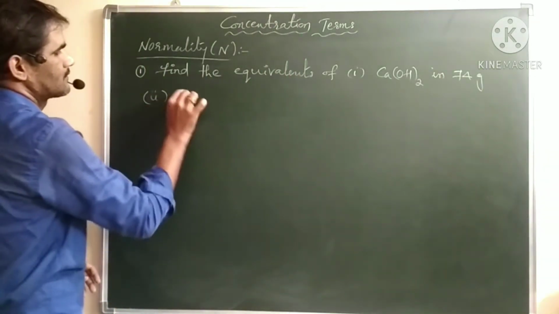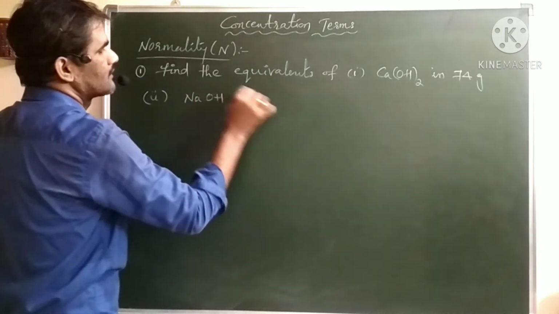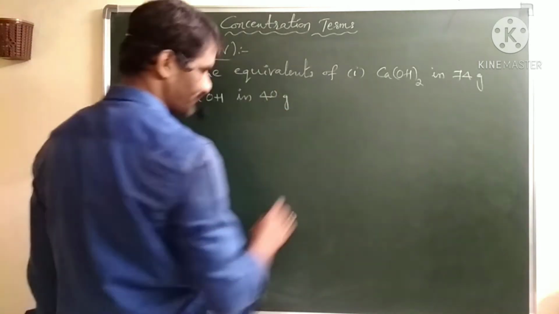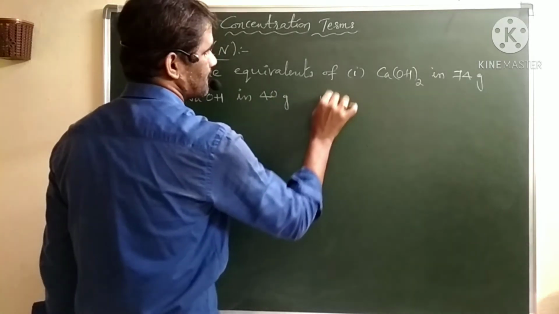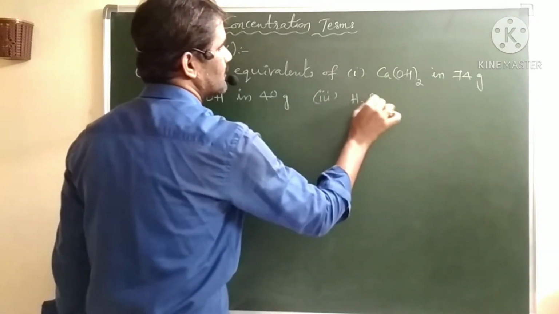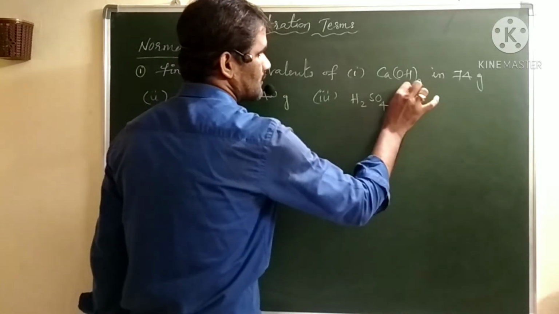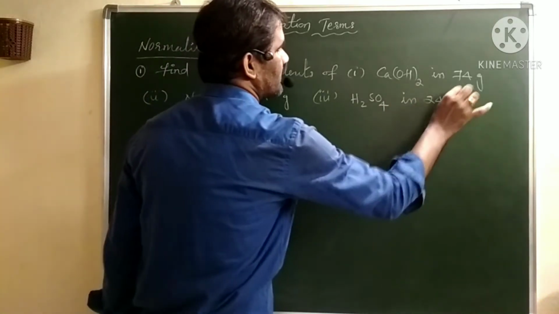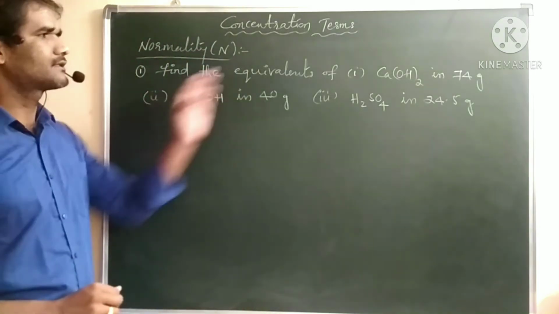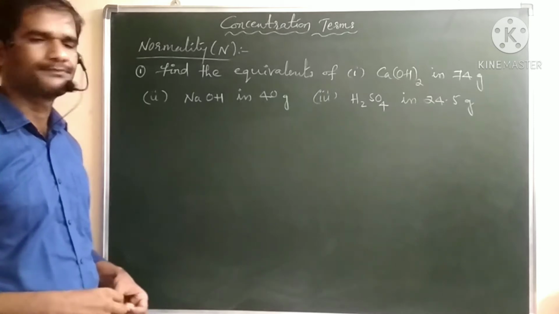Second one, sodium hydroxide in 40 grams. And H2SO4 in 24.5 grams. So what are the equivalents of calcium hydroxide, sodium hydroxide, and H2SO4 here?